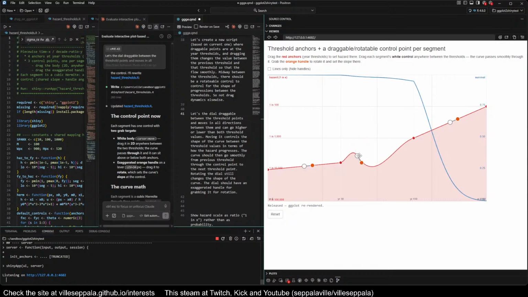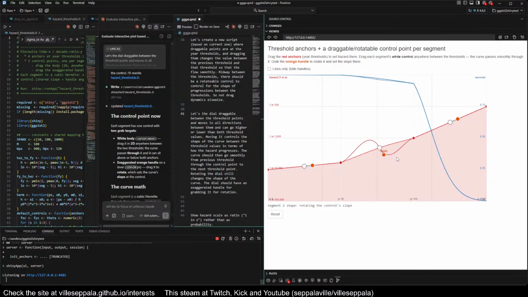So I think what I'm going to ask for is to change it. It should be a lever or something like that. Yeah, but it looks cool.